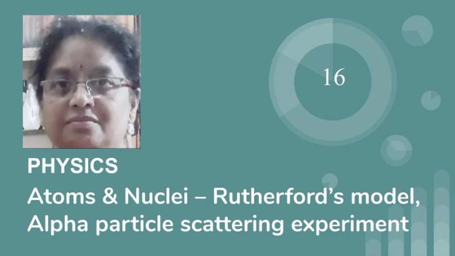For calculation of the nuclear dimensions from the alpha particle scattering experiment, Rutherford made certain assumptions that we will see in the next class while calculating the distance of closest approach of the alpha particle from the nucleus. We will also see the successes and drawbacks of Rutherford's model, followed by Bohr's model of the atom. Okay then, see you in the next class.